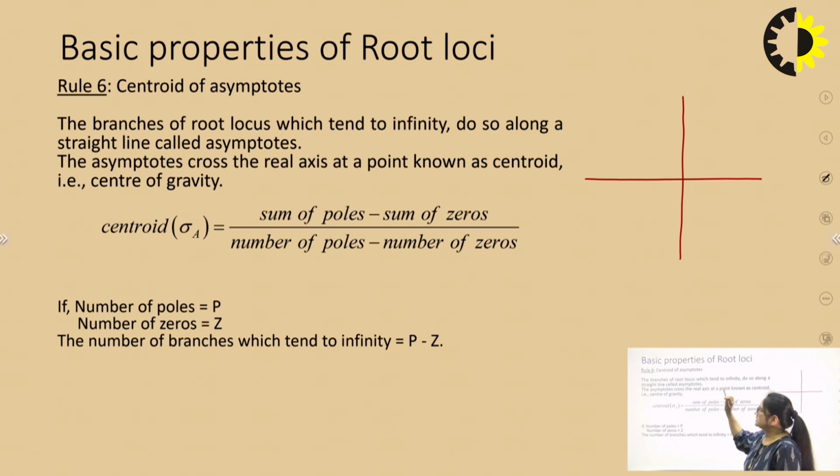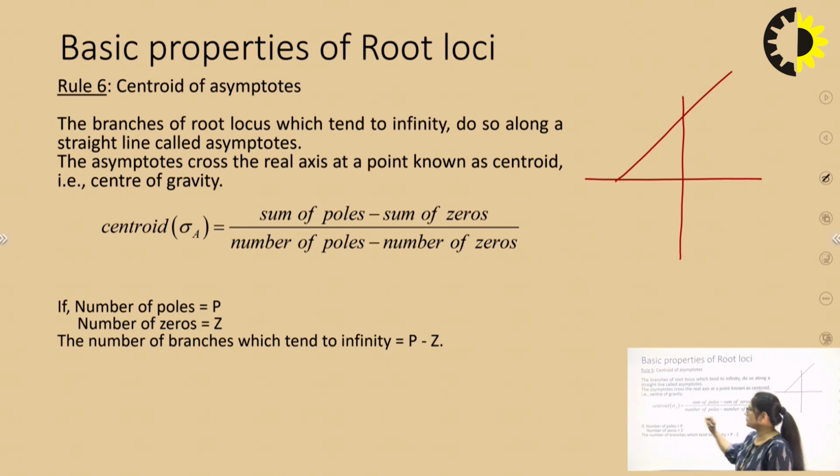These asymptotes cross the real axis at a point known as the centroid. In rule number 6, we find out the centroid. Those branches of root locus which tend to infinity do so along straight lines known as asymptotes.